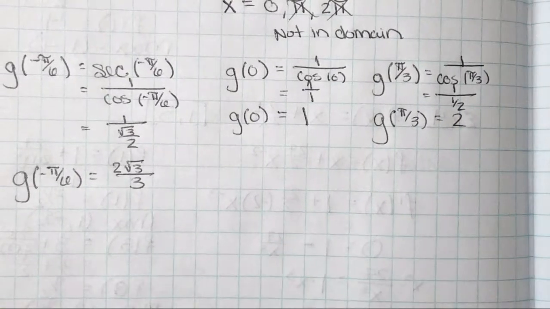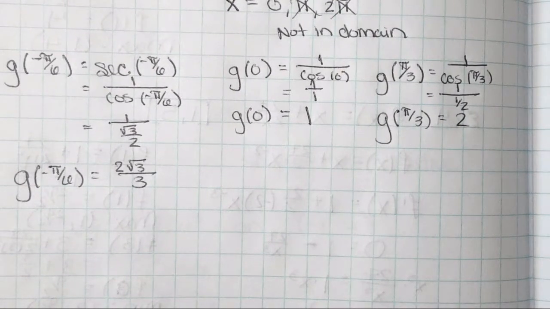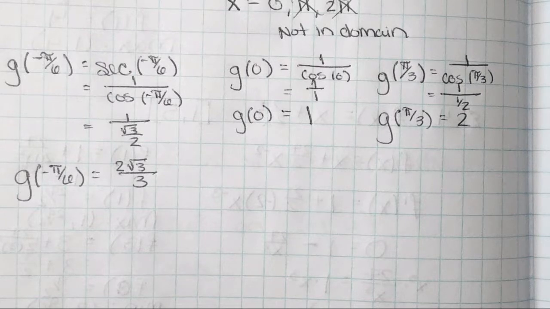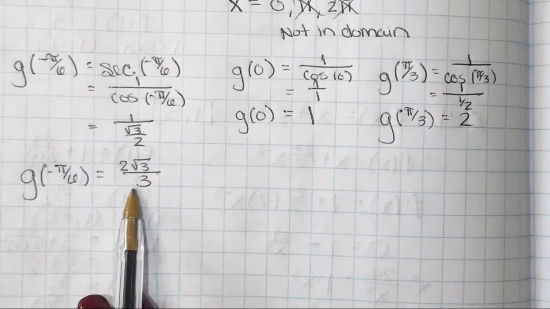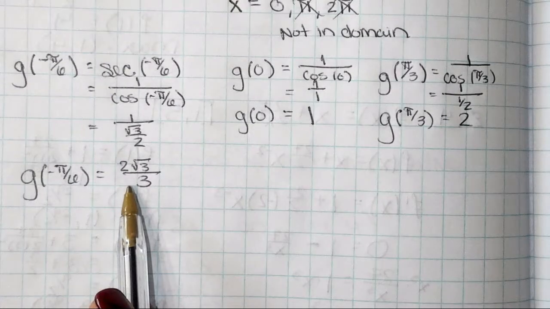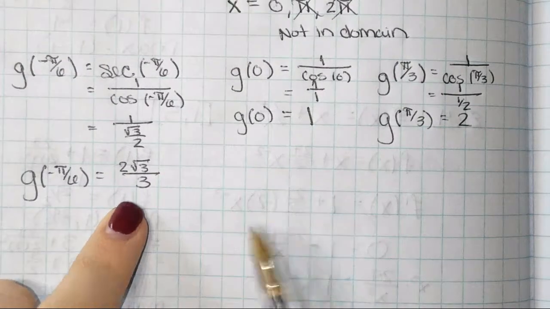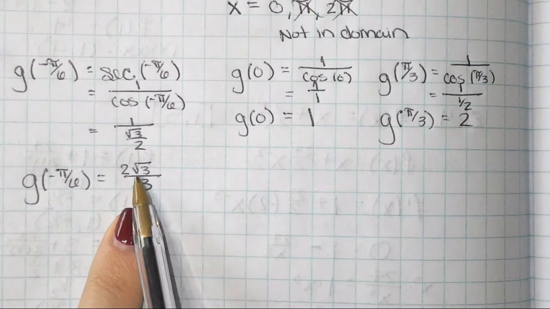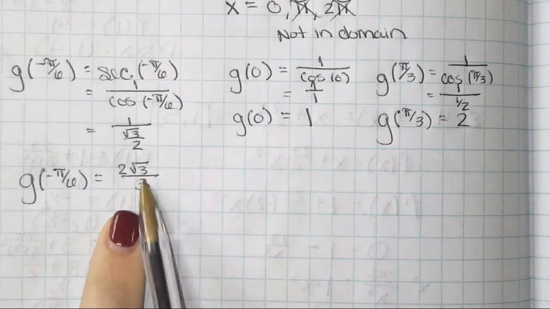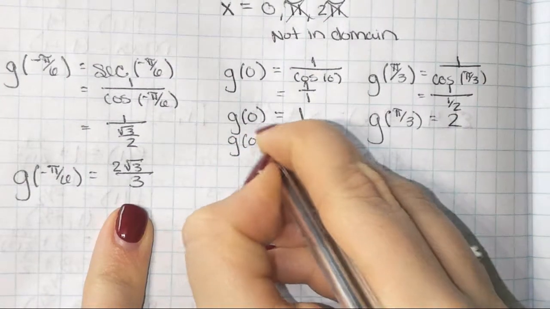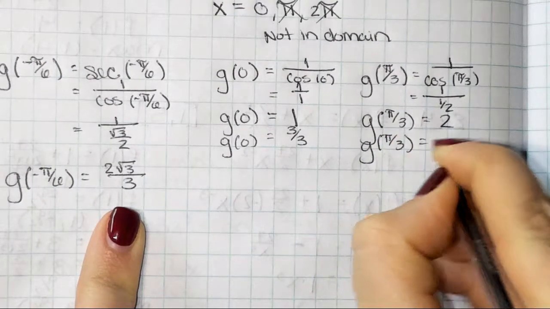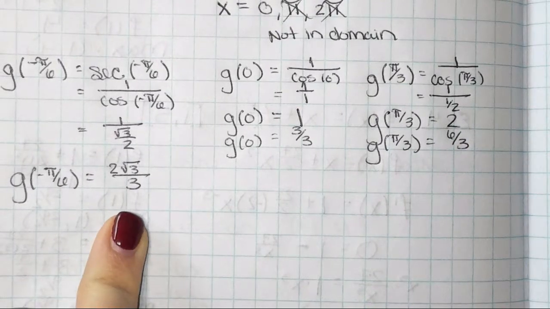So guys, the question is, which one is the largest? 2. So how do we decide that this one doesn't work for us? It's a fraction with a radical. It's not necessarily true, but if I get a common denominator between all of them, 2 radical 3 over 3, if I made g of 0 equal 3 over 3, and g of pi over 3 equal 6 over 3, that can help me measure a little bit easier.